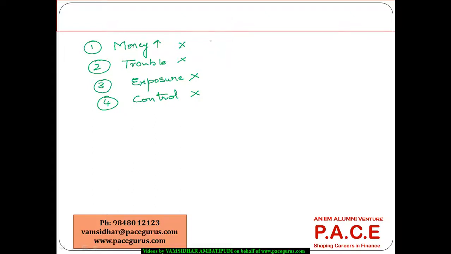And the shareholder who does not want this right, either he may not be having cash with him and he is not willing to increase his exposure. So all these things could have contributed to him being dissatisfied because his control percentage is going down.